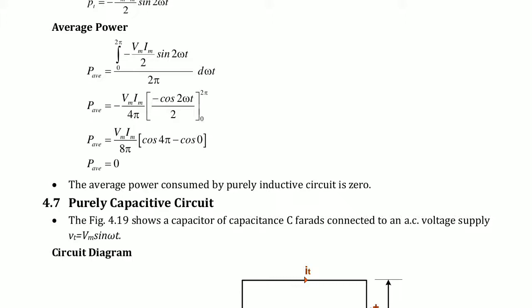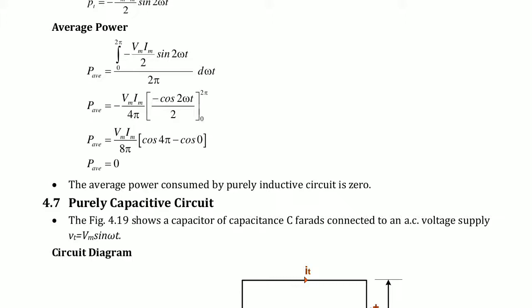Another point is that the average power consumed by a pure inductive circuit is 0, and the angular frequency in the power is double. The angular frequency is double, so the frequency is also double. For example, if the supply frequency f is 50 hertz, the power frequency is 100 hertz.